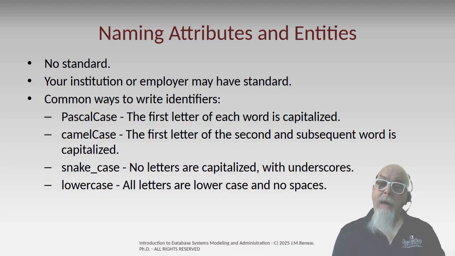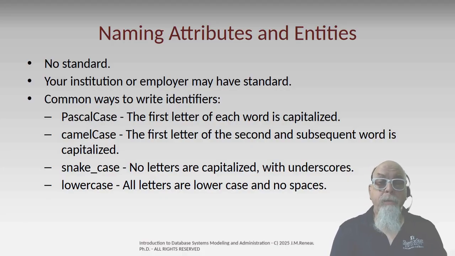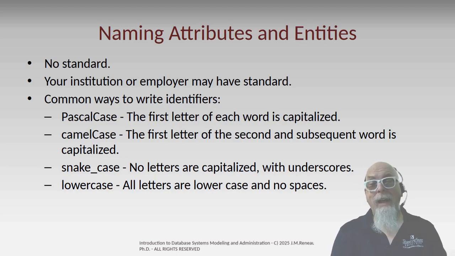Spaces can be problematic when we get into actual writing of queries for real databases. So I think it's best if we just start our attribute naming with the notation or the style that we're going to use when we actually go build a database. Again, spaces in an attribute name are very problematic.